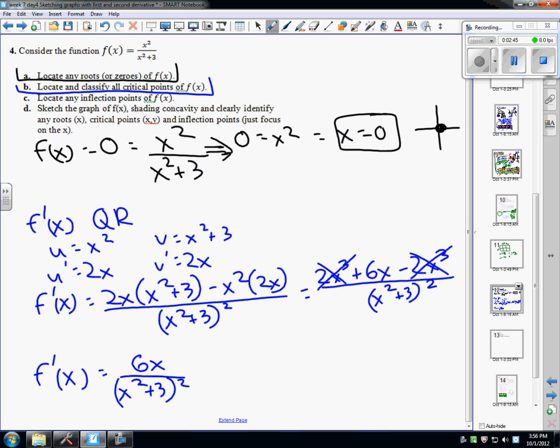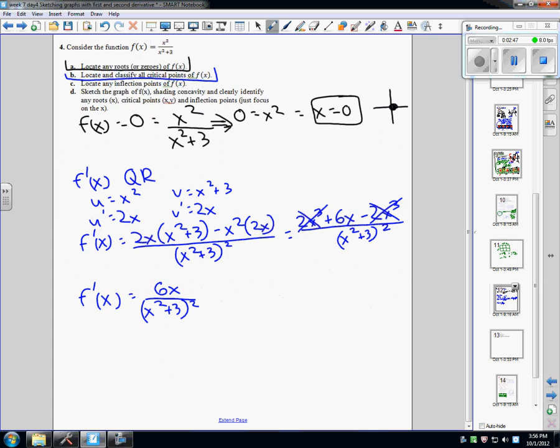Now remember, I need to set this equal to 0 or equal to undefined. Zeros happen only on the top. 6x equals 0, that's at 0. That's a critical point. Undefineds only happen on the bottom, when the bottom is 0.